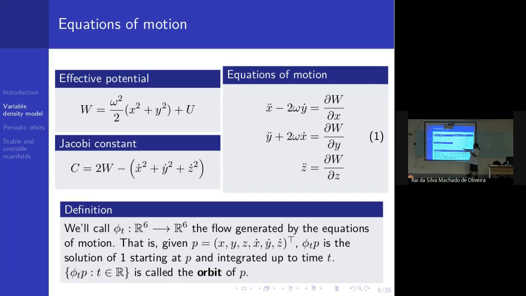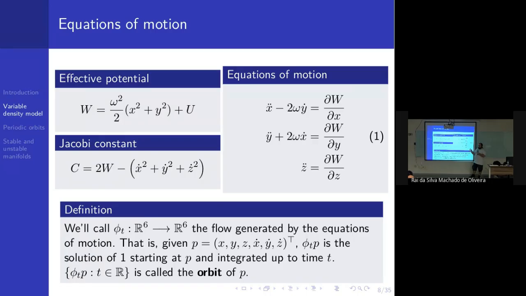Again, this system is conservative, and we have these equations of motion. Once we have the equations of motion, we have defined our dynamical system. So we have the flow.